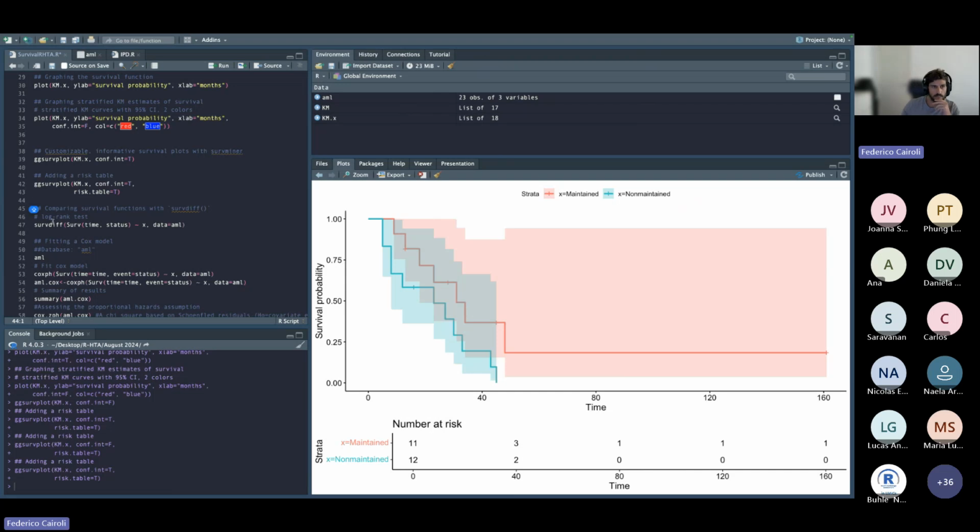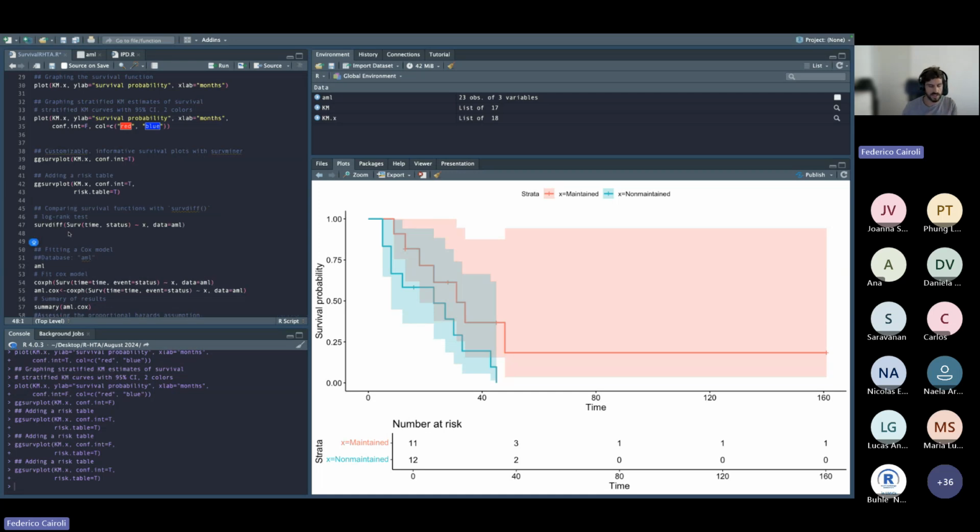How to test that? We can run one specific test, called the log-rank test, which is basically a chi-square test. The idea is that this test compares the observed and the expected number of events in each interval, and then puts everything together to obtain a chi-square value and finally a p-value.